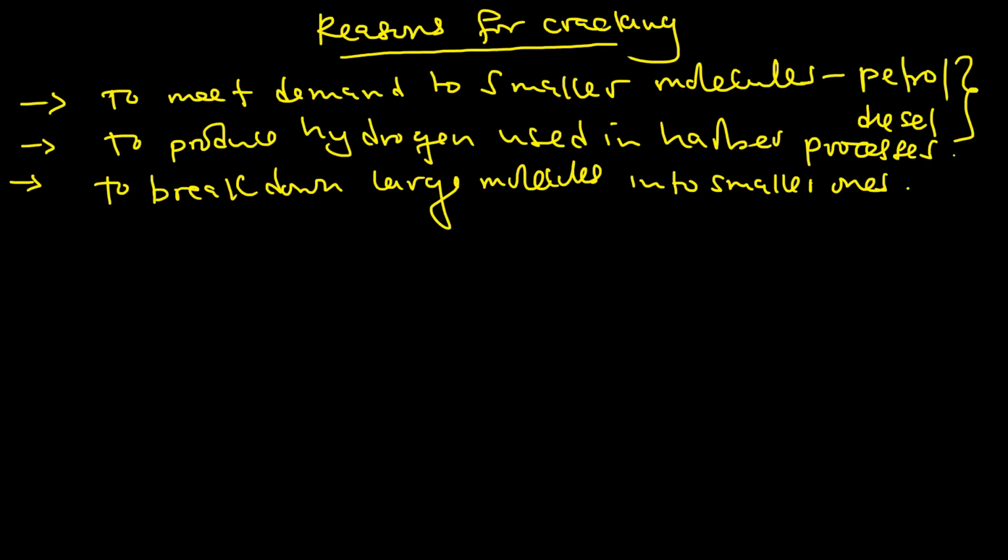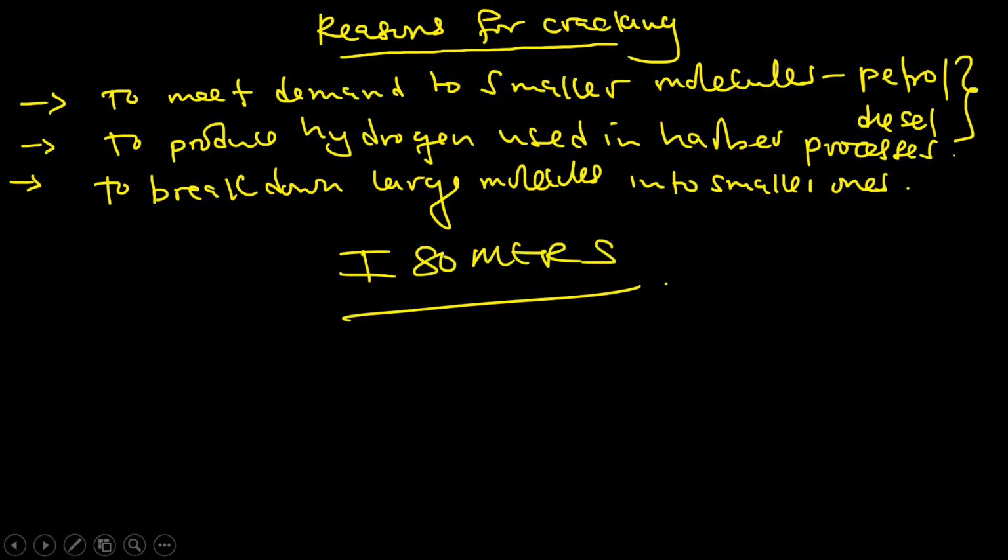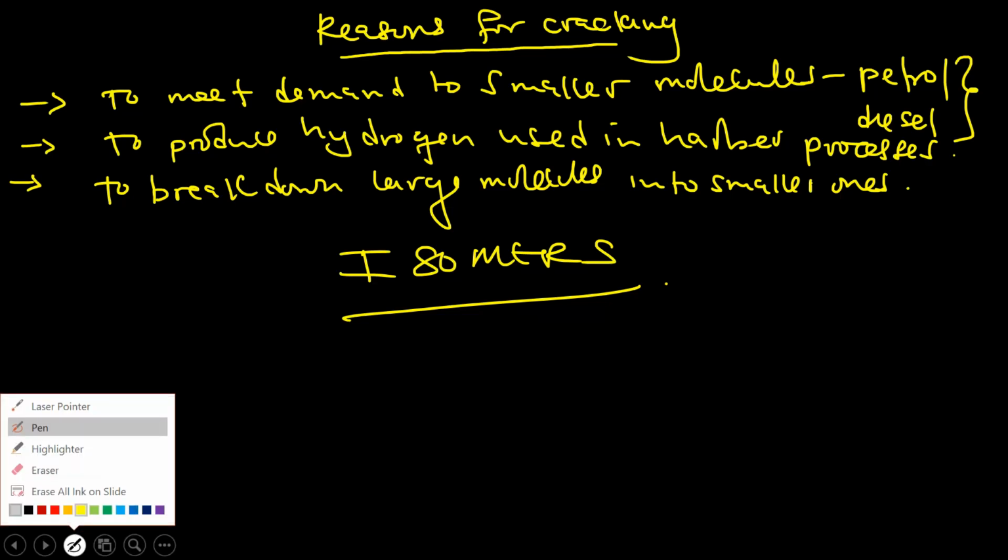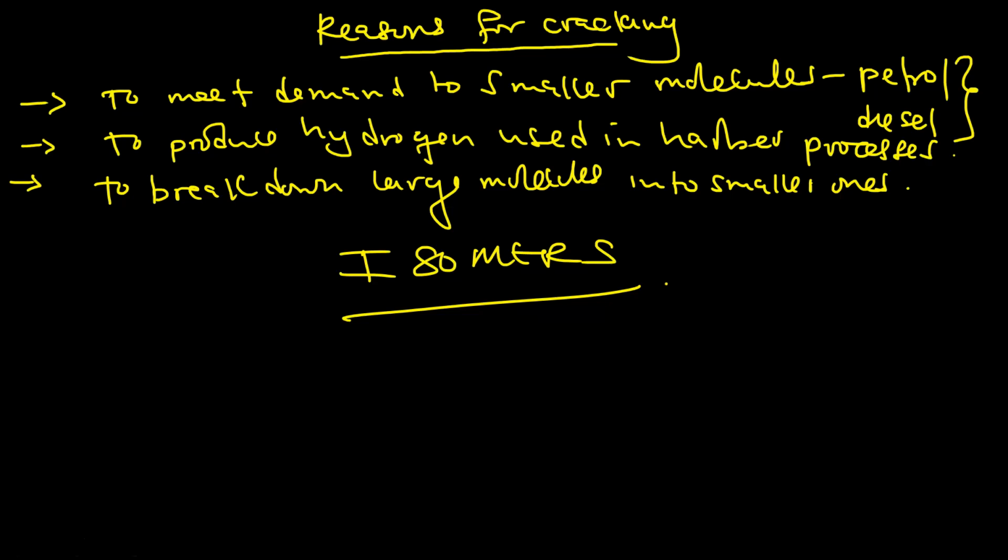Let us proceed. The other part that we can look at now is isomers. The question is, what are isomers? Isomers are just compounds which have the same molecular formula but different structural formula.